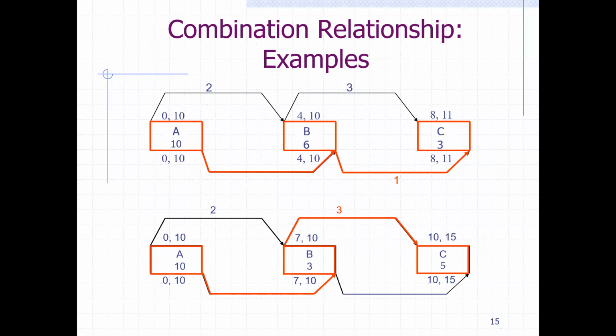More examples on that. We have this scenario, A, B, and C. Again, they all have start-to-start and finish-to-finish relationships. Remember, we're working with the combination relationship. So if they both can start on the same day and we're giving 2 days lag for B to start, then it's safe and more realistic. The same goes with C. Yes, they have a start-to-start relationship, but we're giving 3 days lag to C to start after B begins.